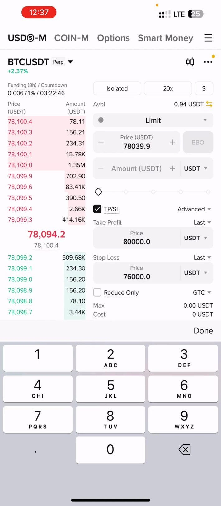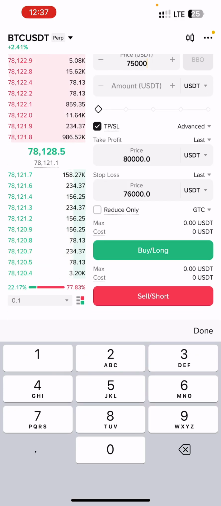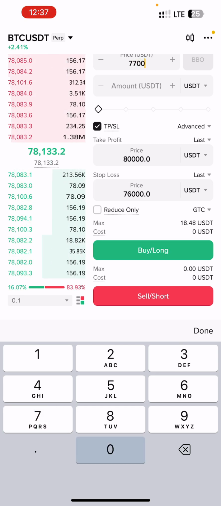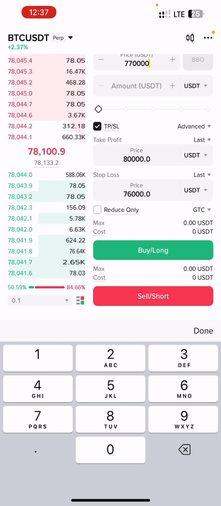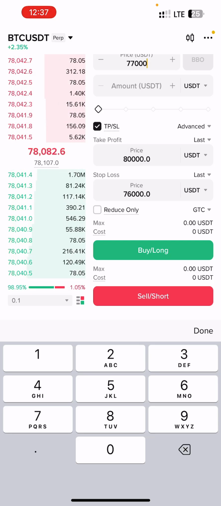Let's say I want BTC to go back to 75,000 before I buy, so I can put 75,000 here. Since I'm using 75,000, let me use 77,000 so that I can maintain this stop loss level. Yeah, 77,000, and I want to buy.